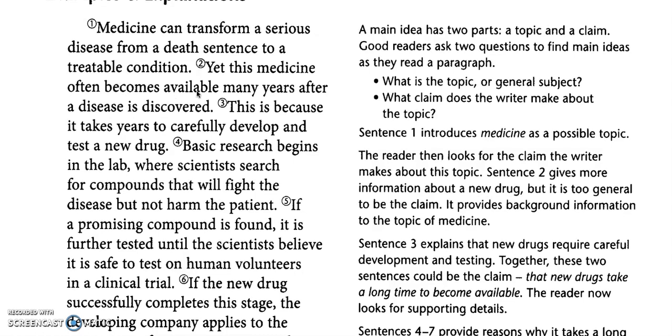So it's talking about how it takes a long time to become available. But it is too general to be the claim. It provides background information. So sometimes the very beginning of a paragraph, before the main idea, there's going to be some background information to help you understand the topic.